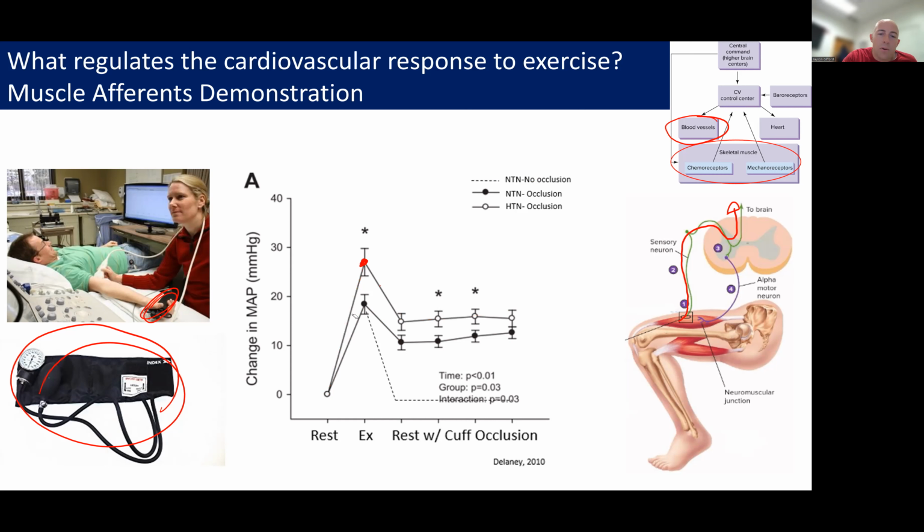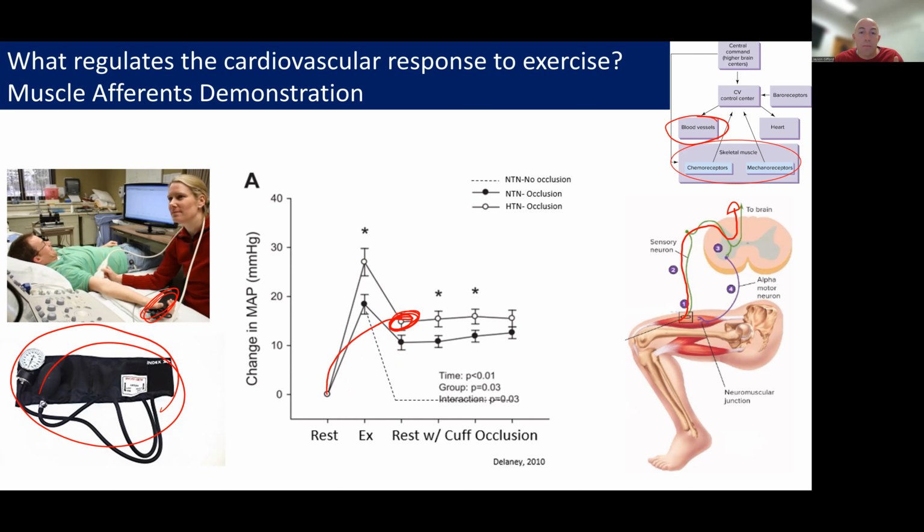Sometimes you'll find people where you have them stop exercising, and the difference basically between here and here is how much the metabolites are contributing to the blood pressure response. And so you can see that in these hypertensive individuals, the metabolites appear to cause blood pressure to go up even higher. So maybe they're more sensitive to metabolites.